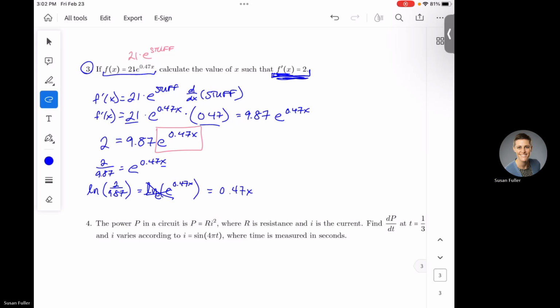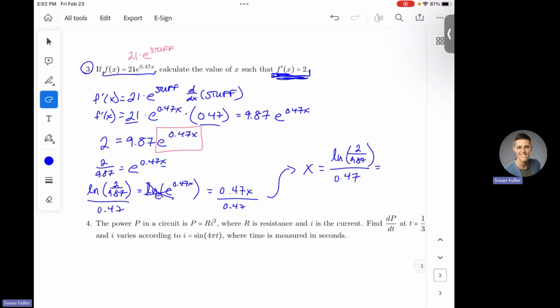Okay. So now I have that the ln of 2 over 9.87 is equal to 0.47x. From here, you're just going to divide both sides by that 0.47. And that means x is going to be equal to whatever you get when you put this into your calculator.